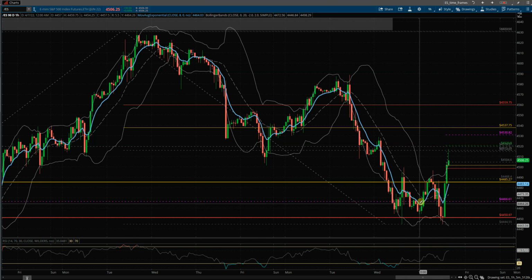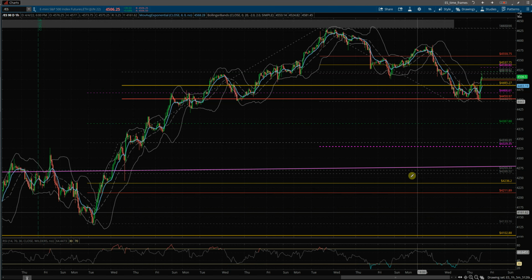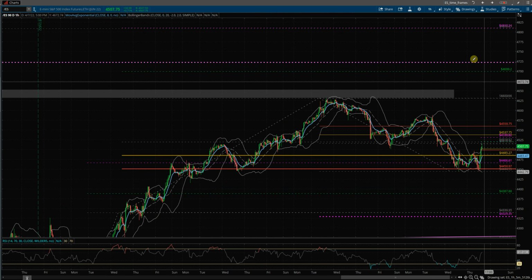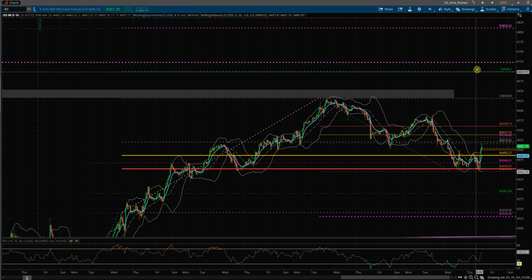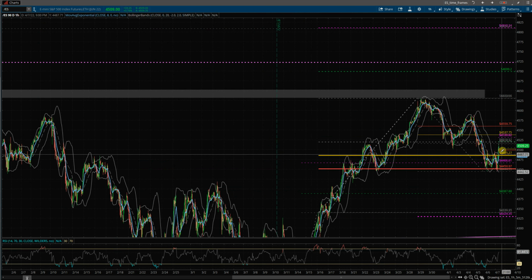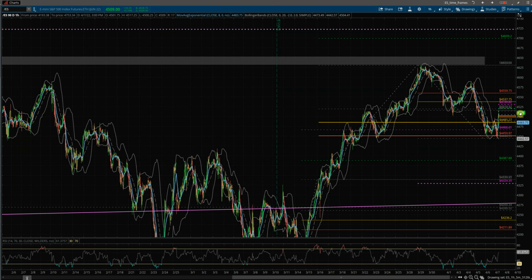And so, now there's a legitimate target up at 4,700, more or less, with the 618 target up at new all-time highs. So the Bulls won this battle.